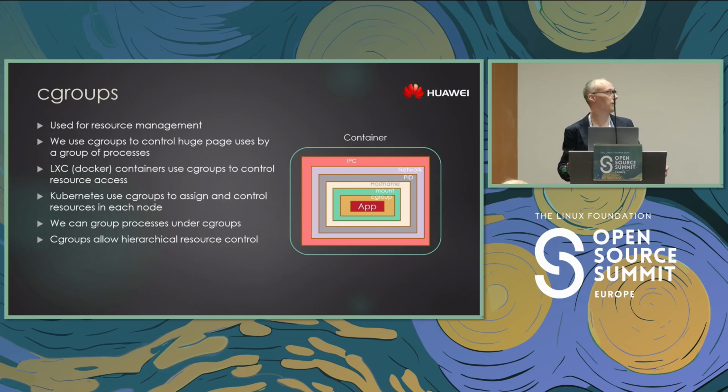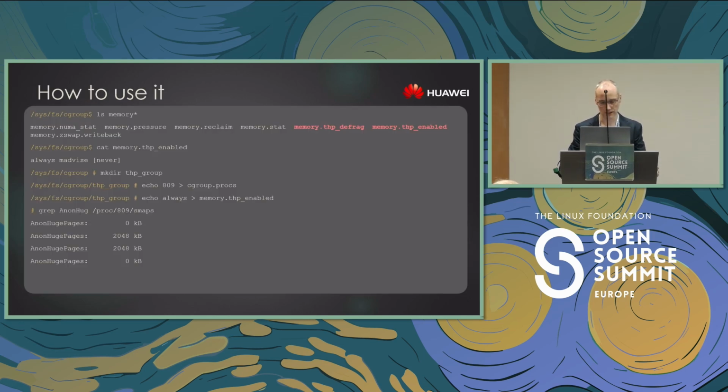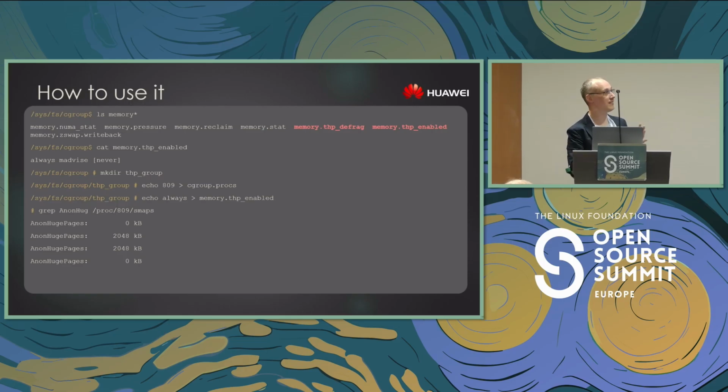The other thing about C groups is that they have a hierarchy. There is a root, you have children, and those children will inherit settings from the parent.